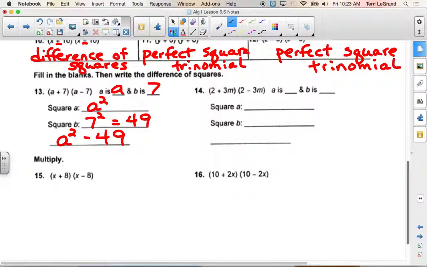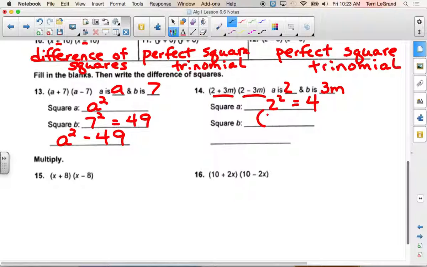Now, it might be a little confusing when the binomials are not written in standard form. Don't worry about it. Leave it just like it is. So our a value is what? 2. And our b value is 3m. So we square our a, which is 4.